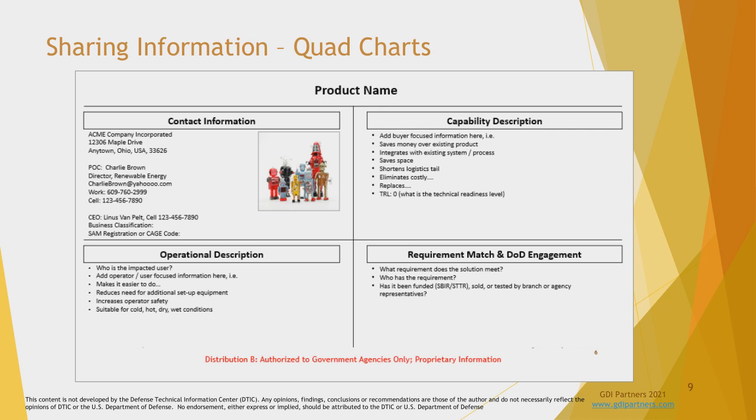One thing that's important as you're thinking about sharing information is defining how your information can be shared beyond that first contact or that second contact. That's why you see on this quad chart distribution B language. In this case, distribution B is for government agencies only, and the information is proprietary.